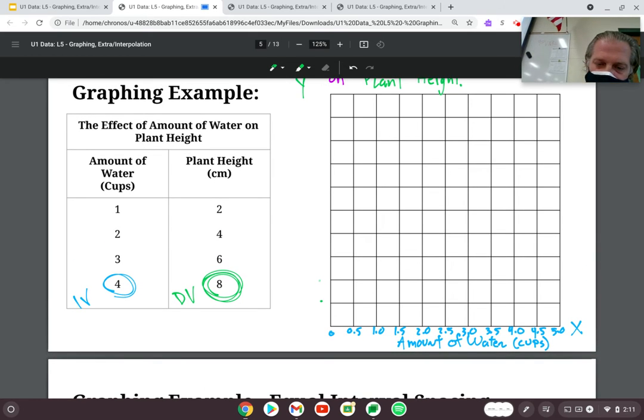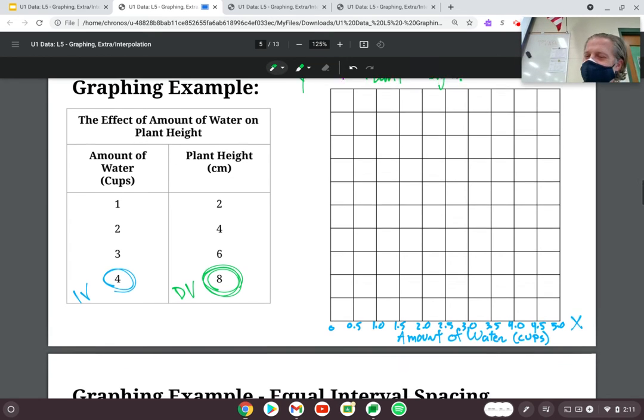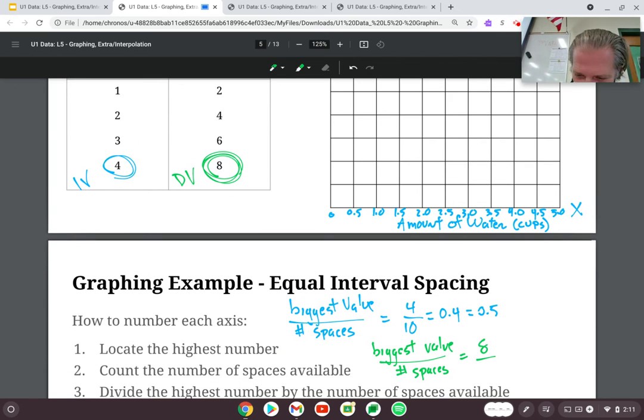So 1, 2, 3, 4, 5, 6, 7, 8, 9, 10. Everyone with me? To count, man. So it's 10. 8 divided by 10 is 0.8.